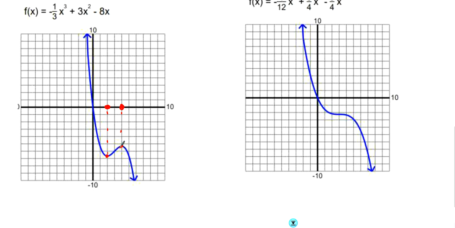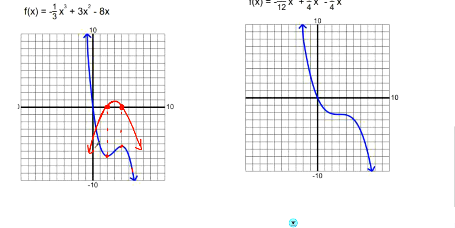On this left side, it's decreasing, which means my derivative is negative, so it's under the x-axis. Between the min and max, it's increasing, which means this part is positive. And then it's decreasing on this side, so this is negative. Since I started with a cubic, my derivative should look like a quadratic, which it does.